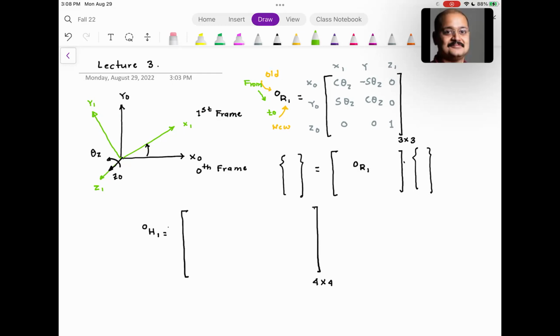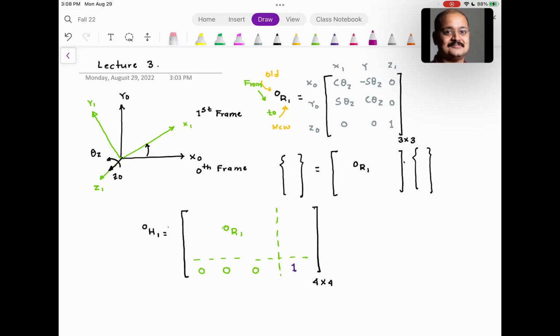You have the first 3x3 transformation, which is over here, 0R1. In the last row, the first three columns are 0. This number is going to be 1.